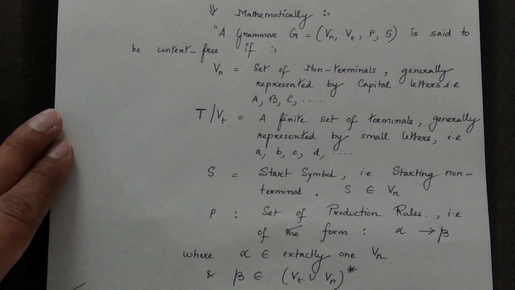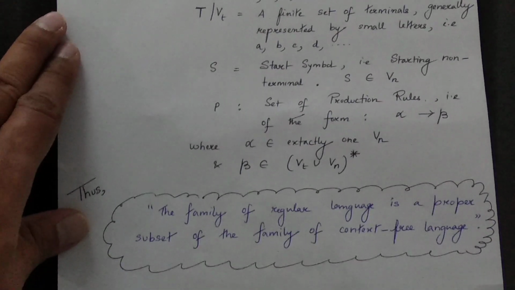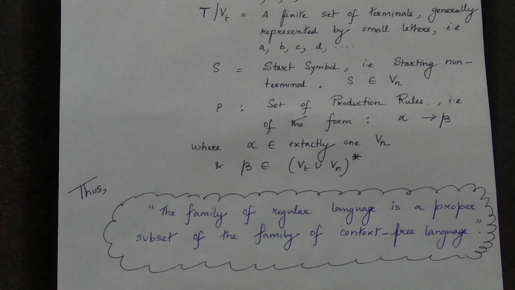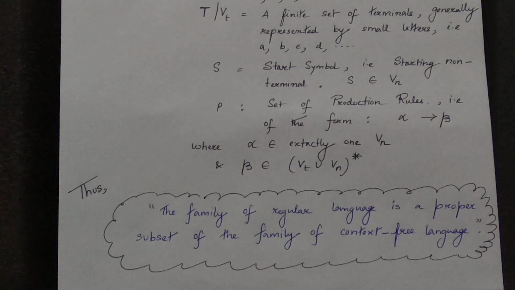Finally, we can conclude by saying that the family of regular languages is always a proper subset of the family of context-free languages. If someone asks you about this, you should have the formal description of both regular language and context-free language.